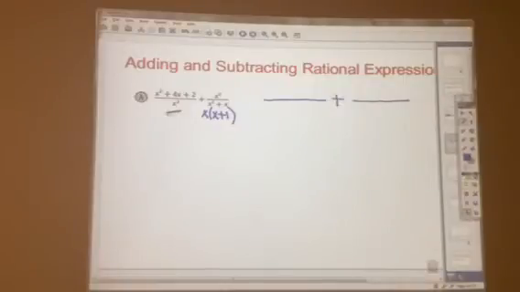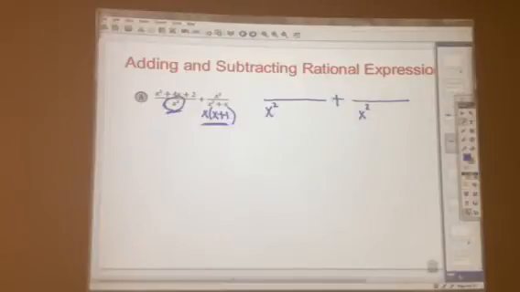So let's look at our two denominators. We have x squared, we have x, and we have x plus 1. I must have an x squared in my denominator, because that x squared has to go into my denominator. Now, the x will already go into the x squared, so I'm not going to add another x there.